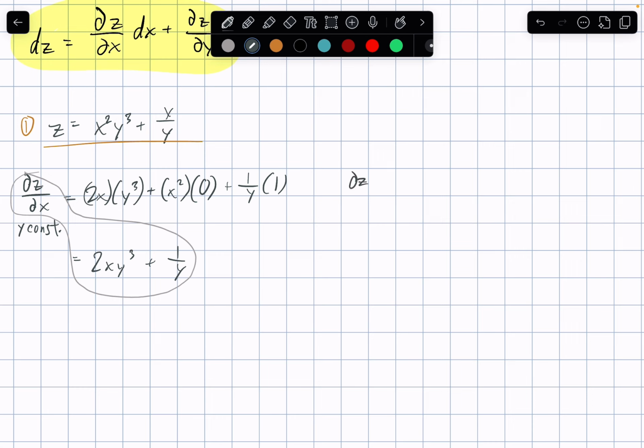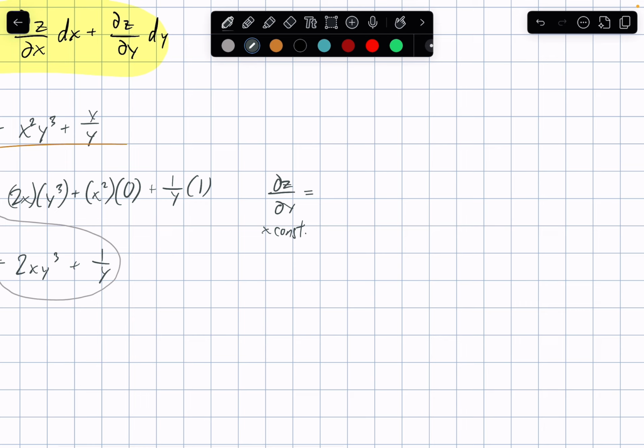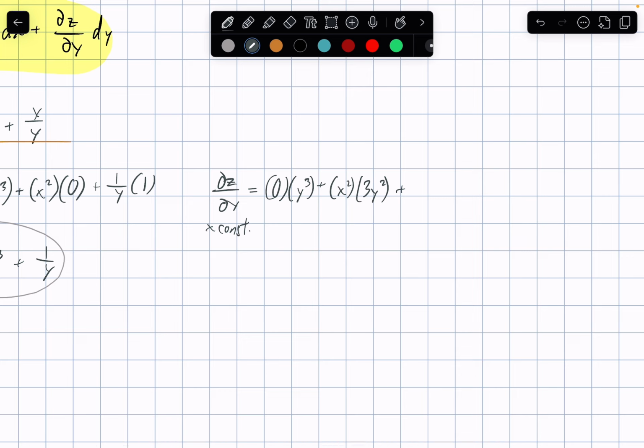How about our partial z over partial y? So x is going to be a constant. So the derivative of x squared is going to be 0. Copy y cubed plus x squared times 3y squared plus, okay, at this point, since x is the constant in this fraction, so far what I only know to do is quotient rule. It doesn't really matter, I believe, at least from my experience in other problems, even if there's a constant.